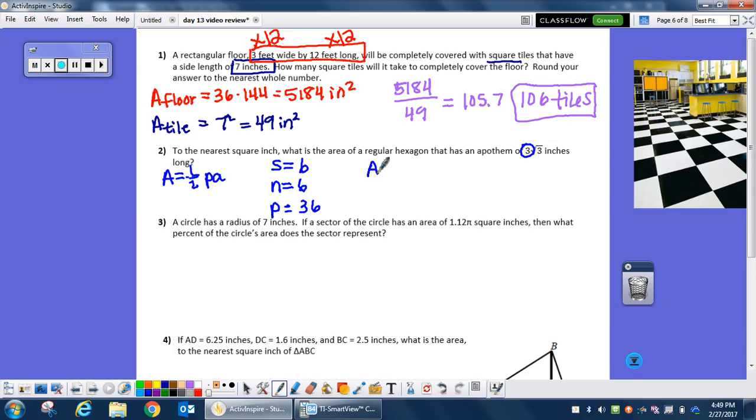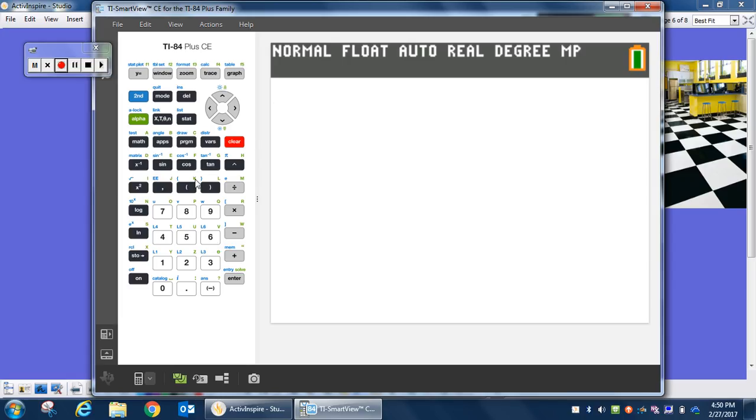So to find the area, you do 1/2 of 36 times 3 square roots of 3. So I'll show you how I would key that into my calculator. I would either put 1/2 in parentheses or just use 0.5 times 36 times 3 square roots of 3.